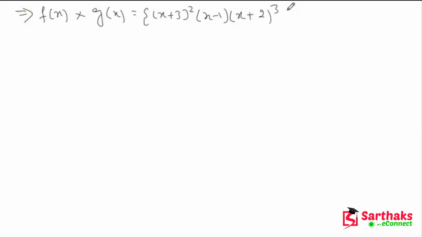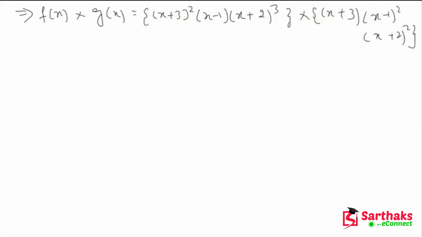So now, f(x) multiplied by g(x) is what? This is (x plus 3) whole square, (x minus 1), (x plus 2) whole cube, multiplied by (x plus 3), (x minus 1) whole square and (x plus 2) whole square.